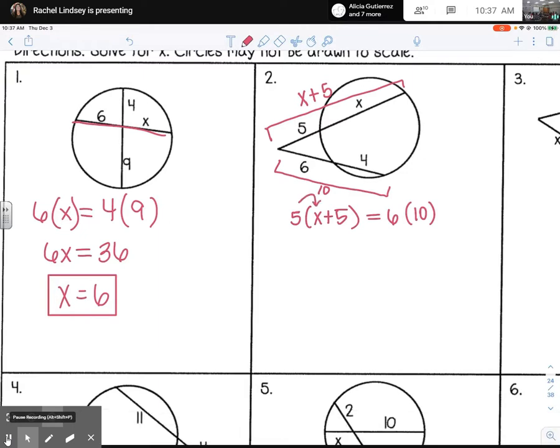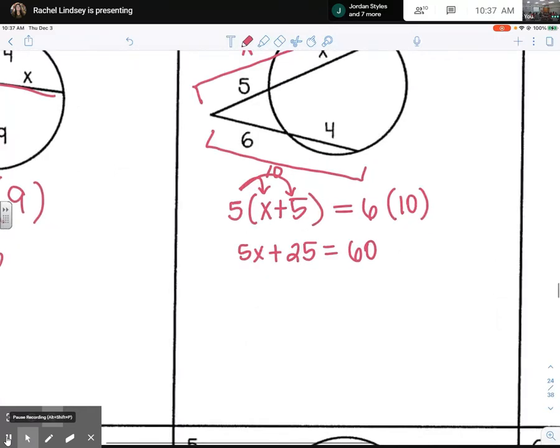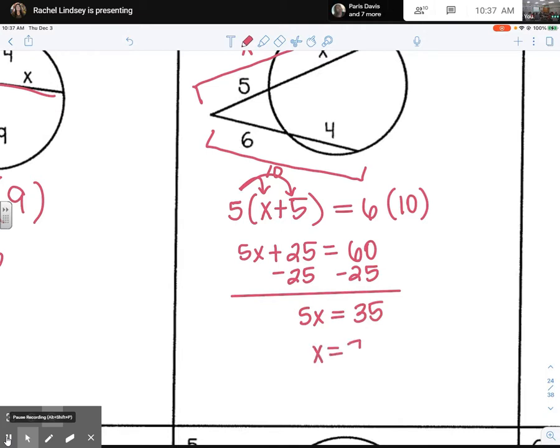So 5 times x is 5x. 5 times 5 is 25. And 6 times 10 is 60. Subtract that 25. So 5x equals 35. Divide by 5, and what does x equal? 7.